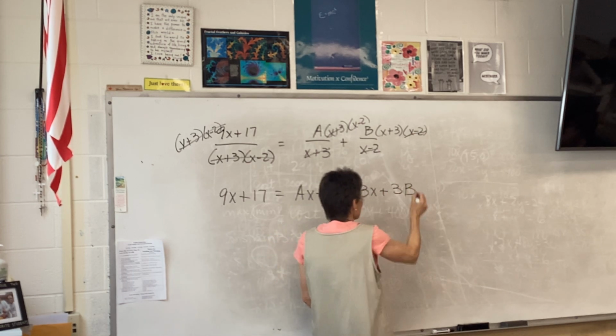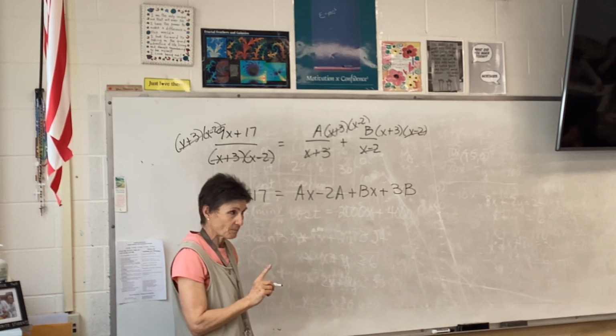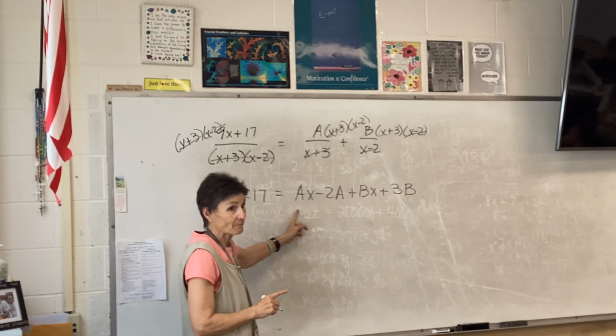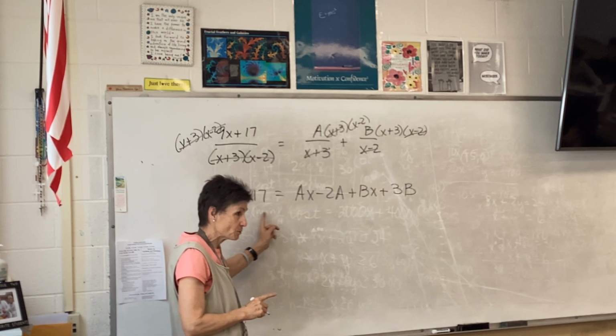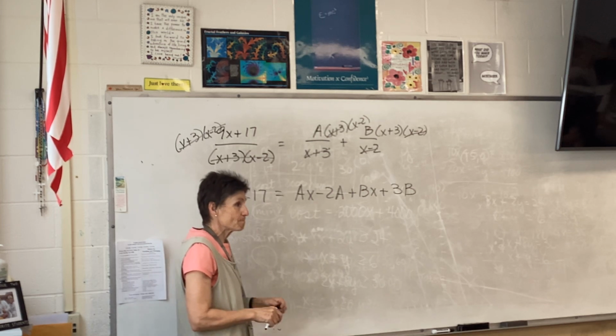Now, does anybody have a question about that step? Maybe you did it differently, but did you end up with this? You have to. This is what you have to end up with. Okay? Now what?